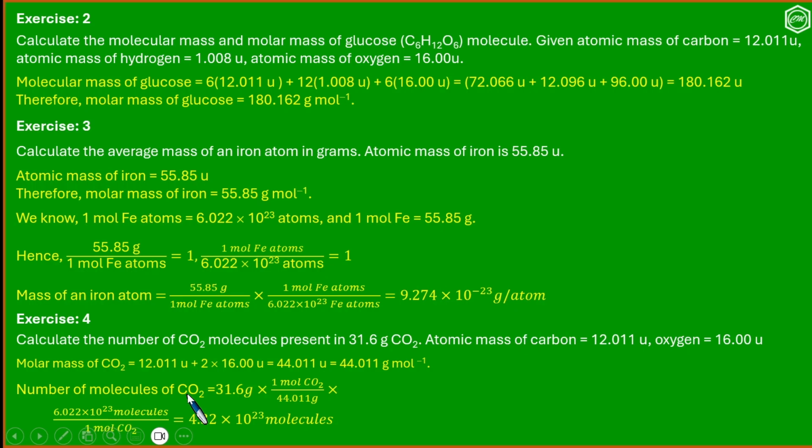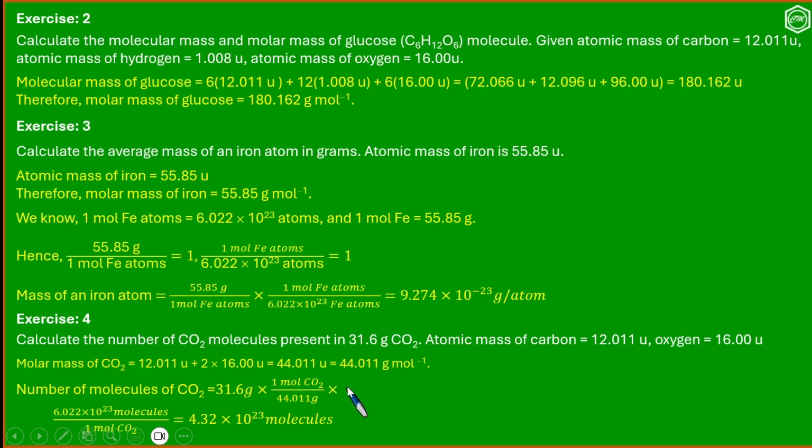Number of molecules of carbon dioxide equals, the mass given is 31.6 into 1 mole carbon dioxide by 44.011 into the next conversion factor 6.022 into 10 raised to 23 molecules by 1 mole carbon dioxide. That is 4.32 into 10 raised to 23 molecules. So 31.6 gram carbon dioxide contains 4.32 into 10 raised to 23 carbon dioxide molecules.